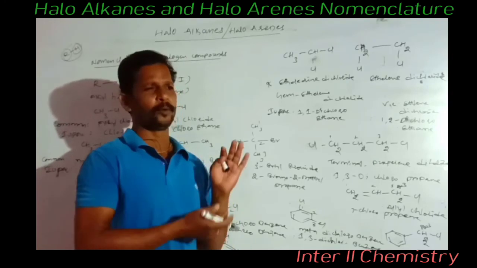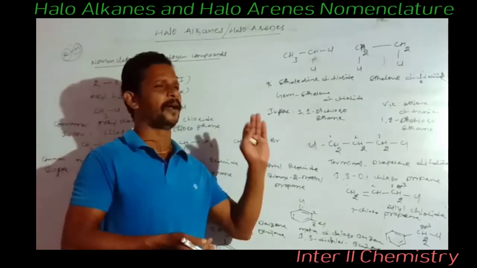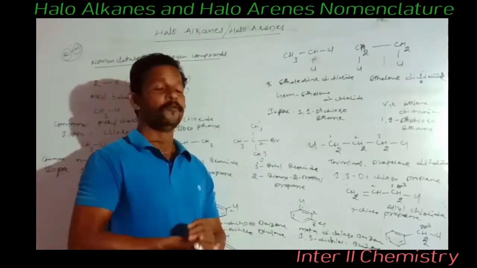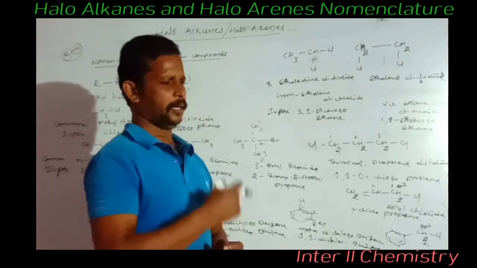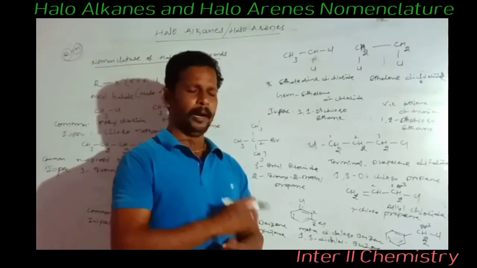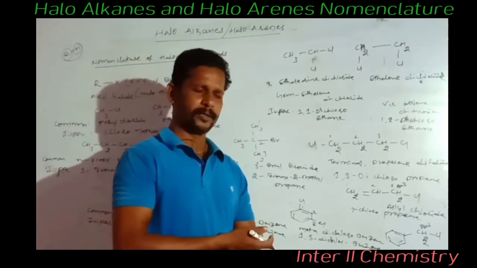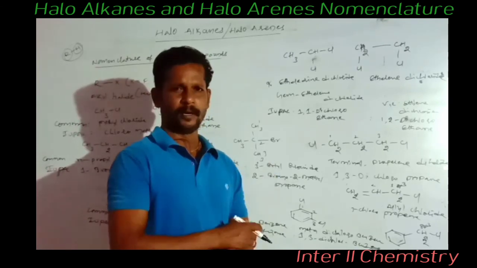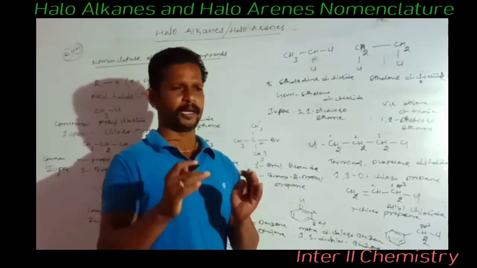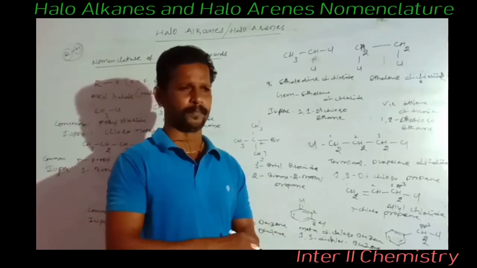Then only you can understand the nomenclature of other organic compounds. First you have to recall the longest chain rule, the lowest sum rule, and priority to the functional group. If it contains more than 2 functional groups, you have to follow the priority.